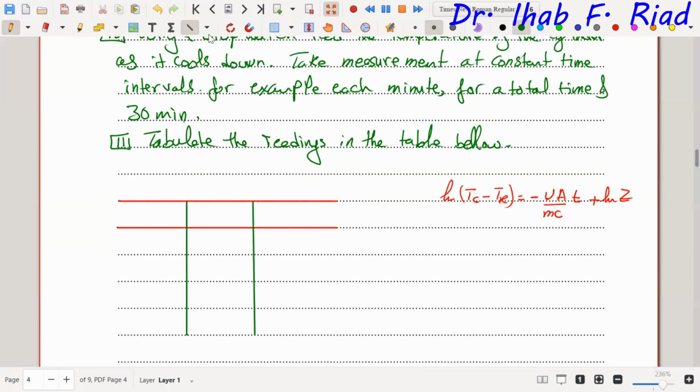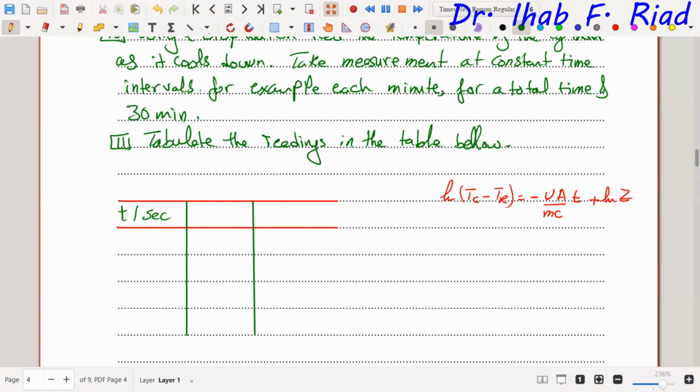The first thing that needs to go into the table, what do you think, Dean? It is independent. Which one? T. What are the units for T? Second. What else?